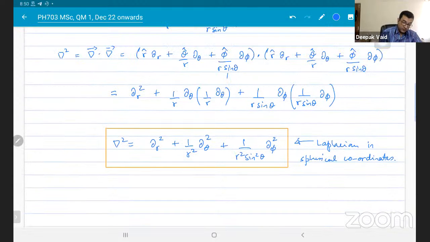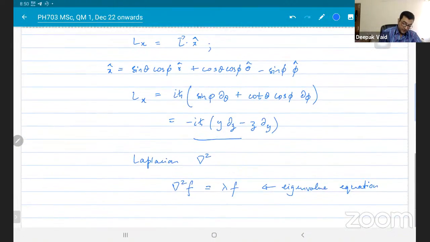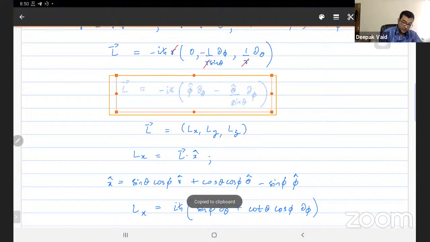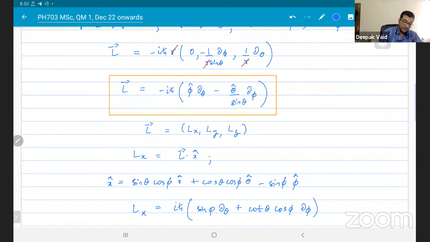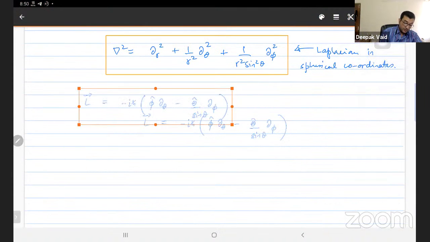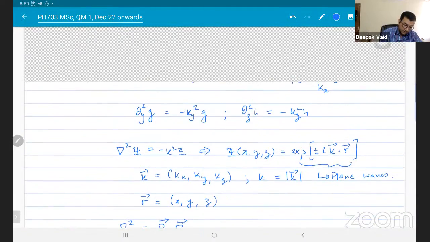Now we can compare this. If you remember, we have this expression for the angular momentum operator L. Now we should also look at what is L squared, right? The L squared operator is going to be L dot L, and I don't think I worked that out. No, I didn't.